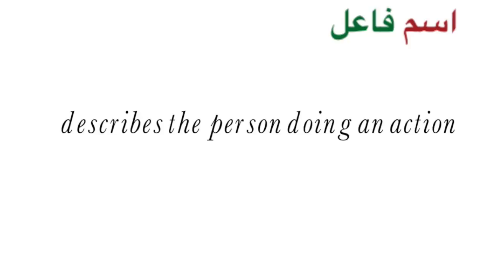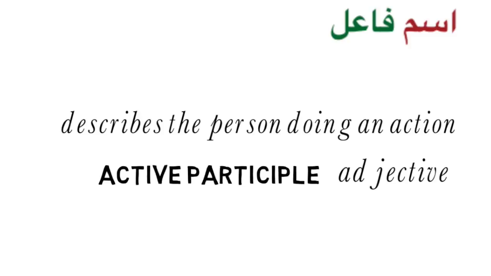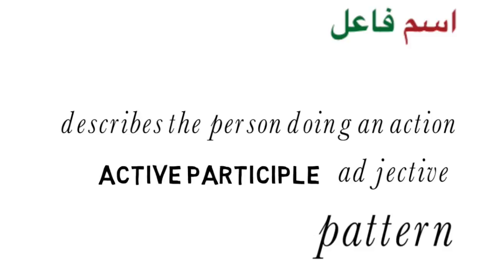That ism fa'il becomes a na'at, like an adjective, but it's not called an adjective; it's called an active participle, because it is the thing actually carrying out an action. Once I give an example, it will be more clear, inshaAllah. Just remember it is an active participle, and in the 3-letter fa'al it has a particular pattern. Once we know the pattern, we will know that this is an ism fa'il.